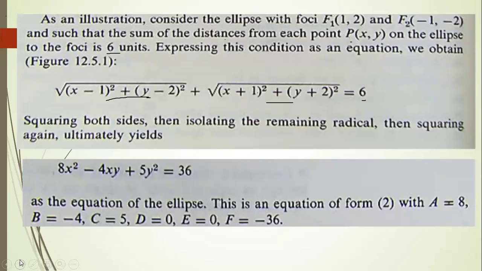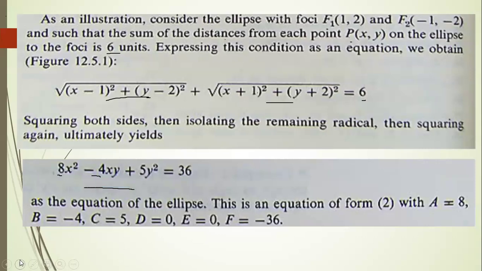Simplifying this whole long equation, we're going to ultimately end up with 8x squared minus 4xy plus 5y squared equal to 36. And from this, relating back to our general equation, we can see that a would be equal to 8, the x squared term. The b term is negative 4.